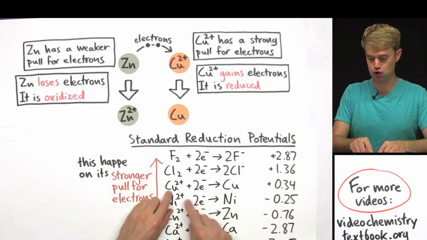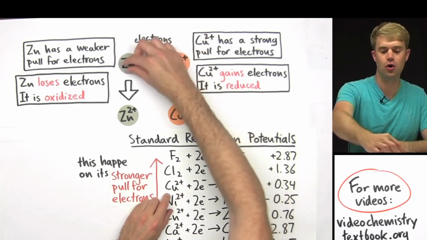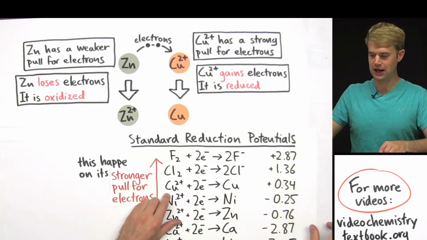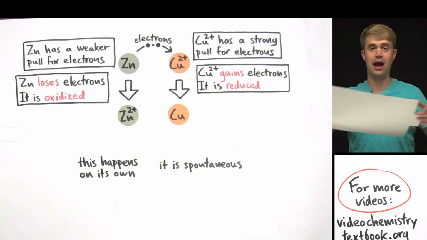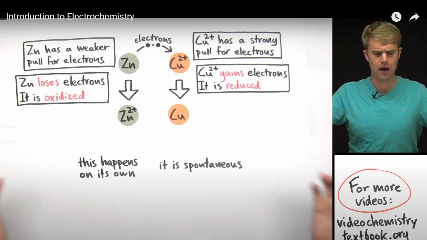Copper is going to have a stronger pull. So that's how we know that copper is normally going to be pulling electrons from zinc, and that this reaction is just going to happen on its own. And how they came up with this table in the first place is they set up a whole bunch of these electrochemical cells, these galvanic cells, these voltaic cells, and they just measured the voltage.